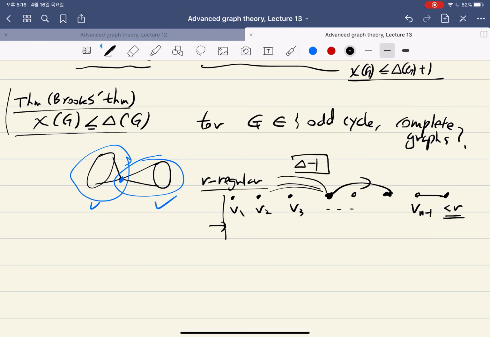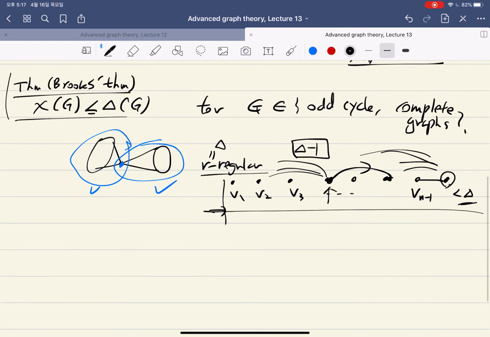So you have to avoid at most delta minus 1 colors, so you can color it. And then at the last moment, because it has degree smaller than delta, so here R is actually delta, sorry, there are at most delta minus 1 colors to avoid. So in this case we can do it.